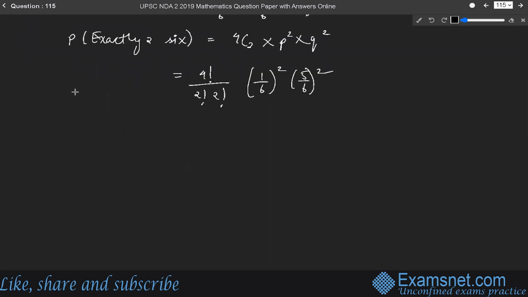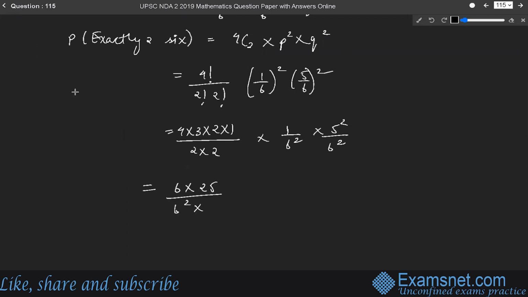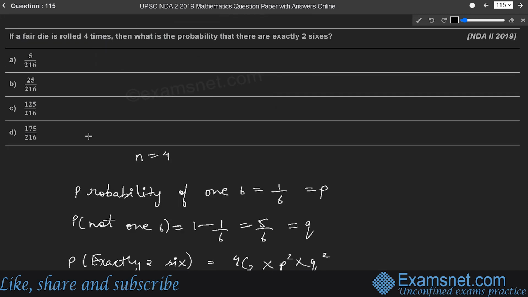So on further solving this, it will be 4 into 3 into 2 into 1 divided by 2 into 2 into 1 upon 6 square into 5 square upon 6 square. So this will be equal to 6 into 25 divided by 6 square into 6 cube. So this will be equal to 25 divided by 6 into 6 square. So this will be equal to 25 upon 216. Hence we can say that the correct option here is option number B.